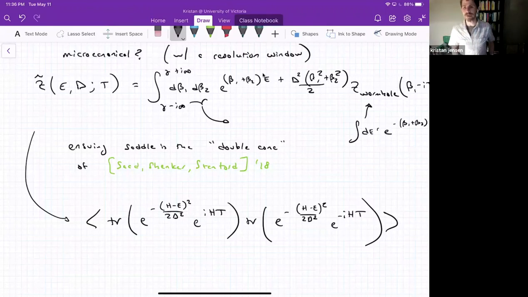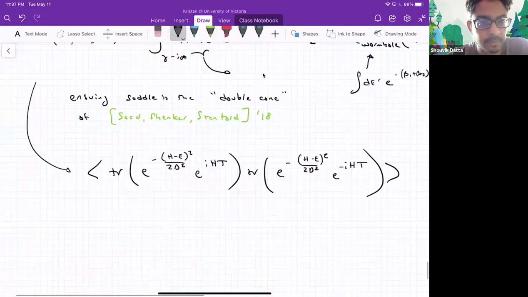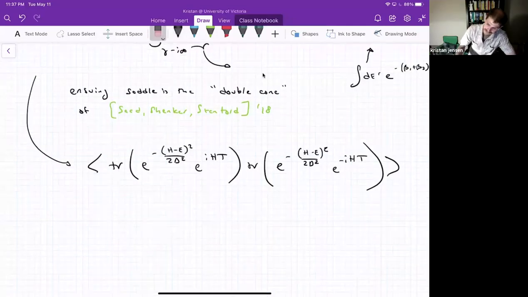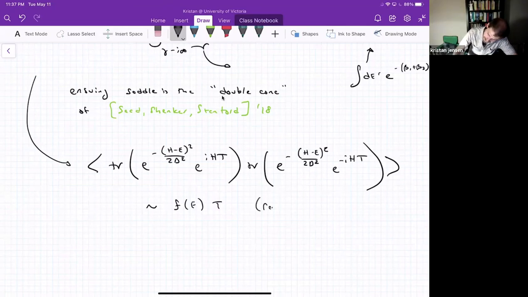So if you take the long range repulsion answers at face value, you would expect this to go... the signature of repulsion in this case is that this has some functional dependence on the energy, but that it's approximately linear in time, or at least that this is the contribution, this is the ramp, if you will. That's what it corresponds to here.